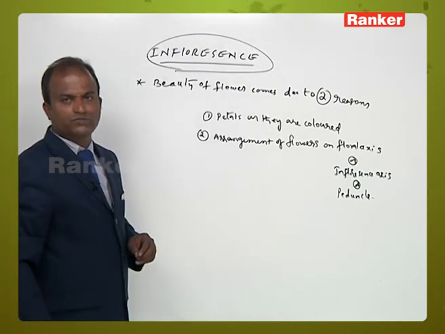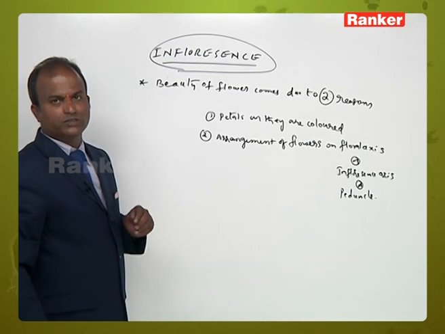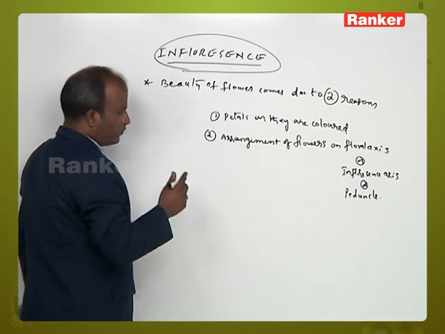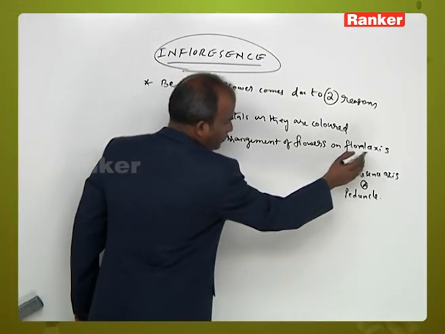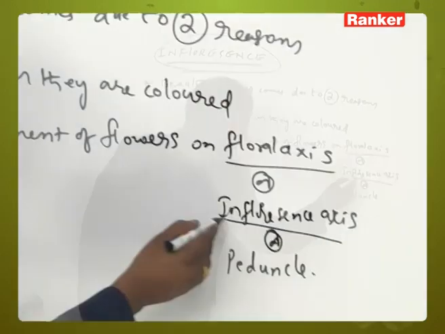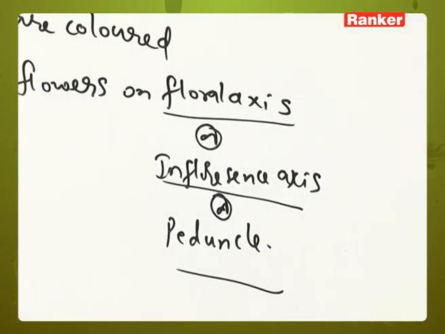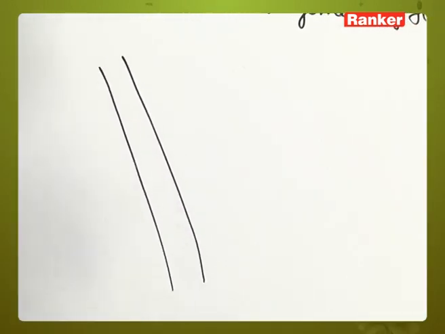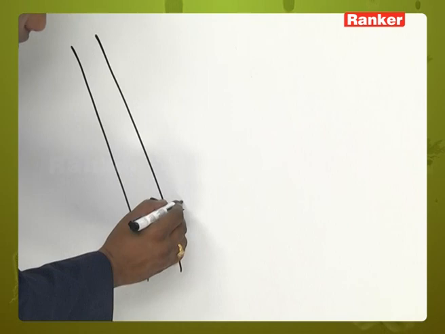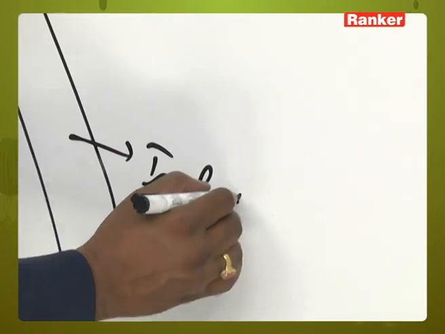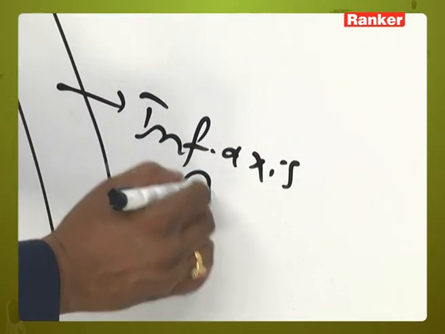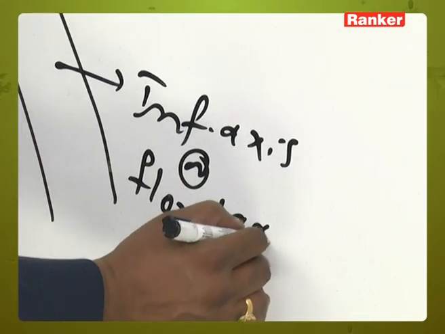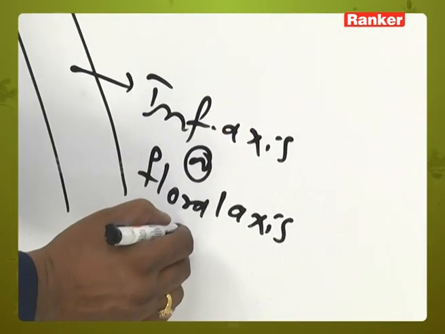Think this one is the inflorescence axis, also called as a floral axis, or also called as a peduncle.